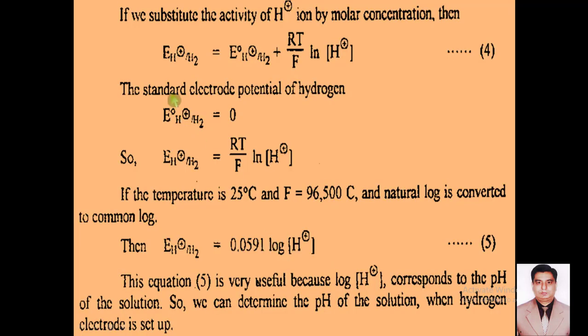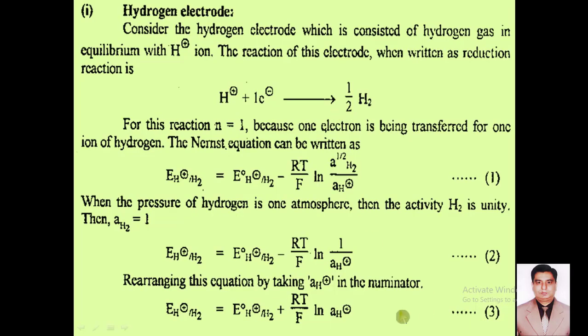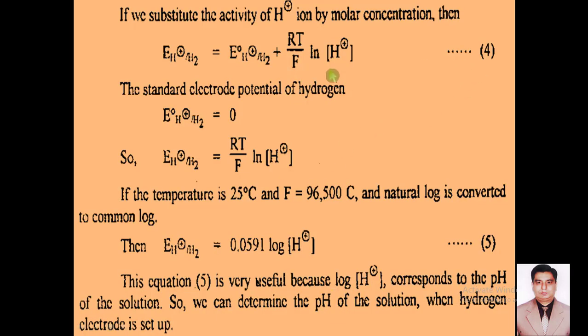Dear students, if we substitute the activity of hydrogen ion by molar concentration, then we can write this equation number 3 in the form of equation number 4: electrode potential for the hydrogen is equal to standard hydrogen electrode plus RT over F into log natural of the molar concentration of the hydrogen ion. The standard electrode potential of hydrogen is equal to 0.